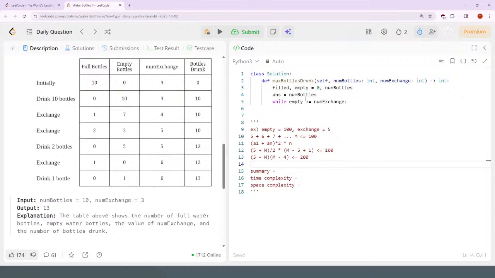Right? Because if the number of bottles is, let's say, 10, you can never exchange past 10.